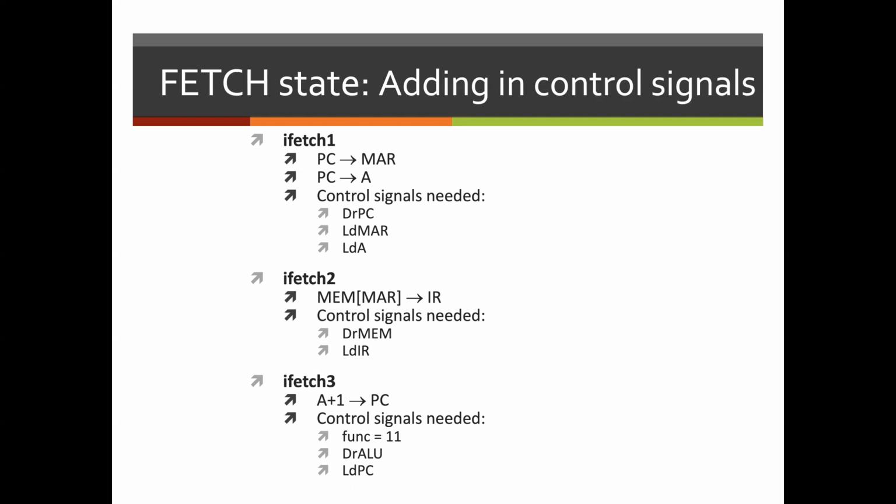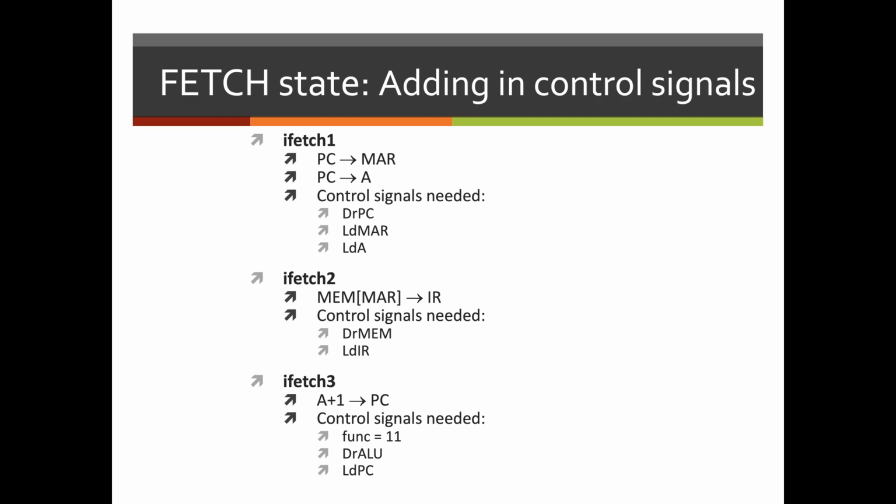And for IFETCH3, we'll increment the value and store that onto the program counter. Then we'll have appropriate control signals as well for our ALU as well as for our program counter. So these are providing for appropriate modifications for our fetch microstate in the same format.